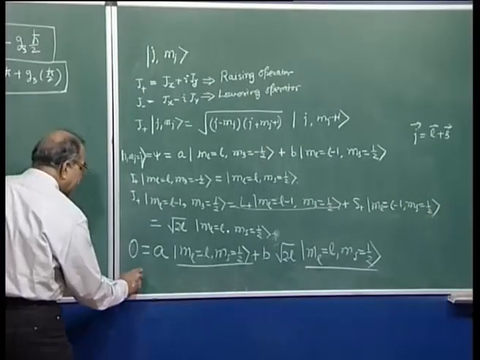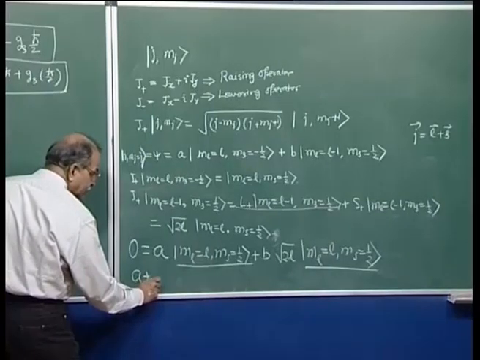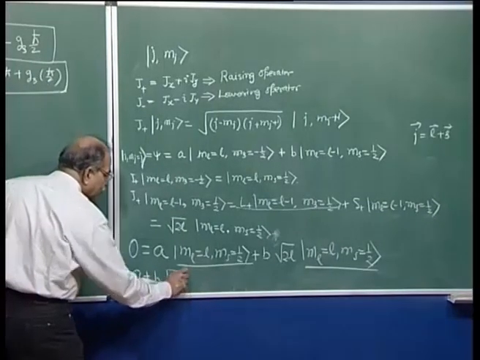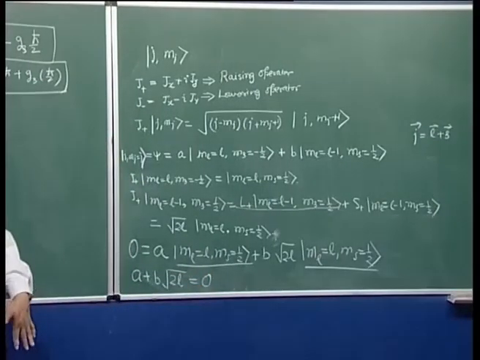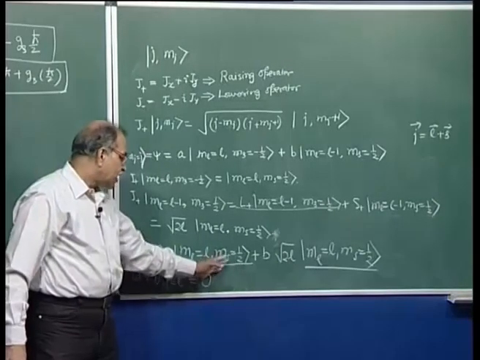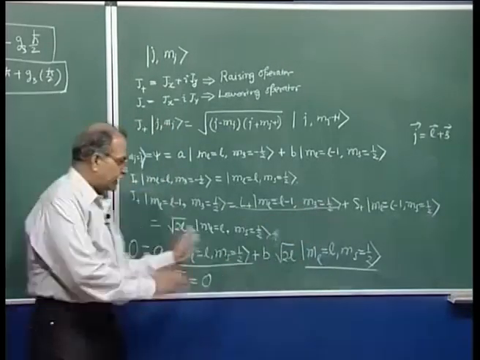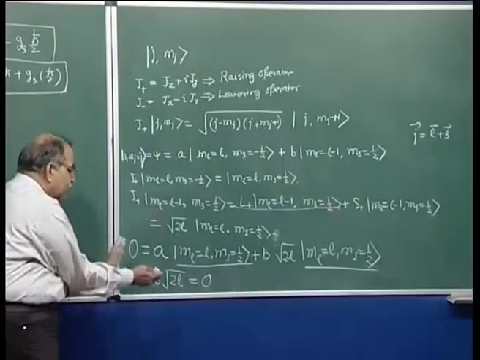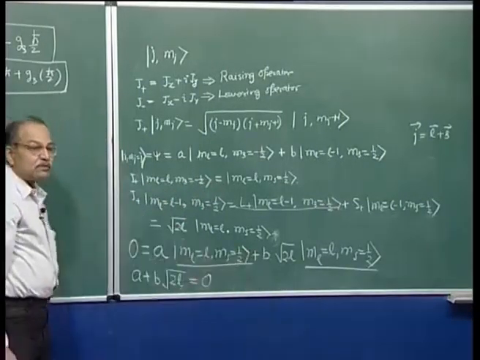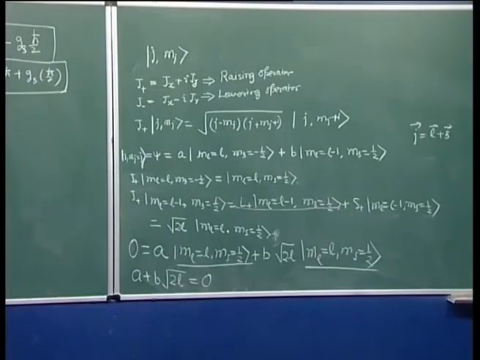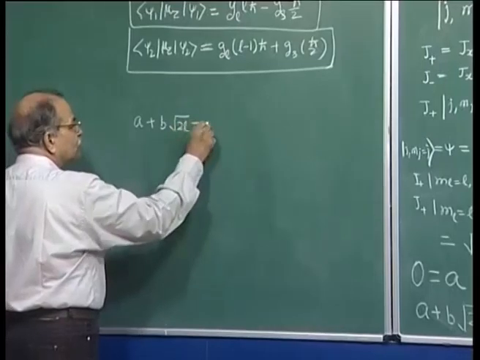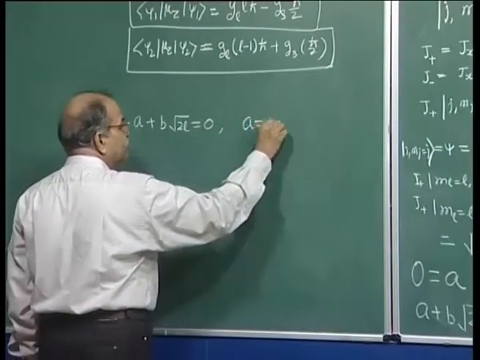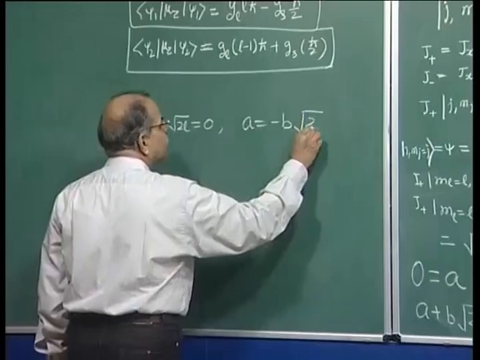That means a plus b square root 2L should be 0, right. ML equal to L, MS equal to half here also, there also. So, you can take that wave function on one side and you will have a plus b times square root of 2L equal to 0, or a is equal to minus b square root of 2L.